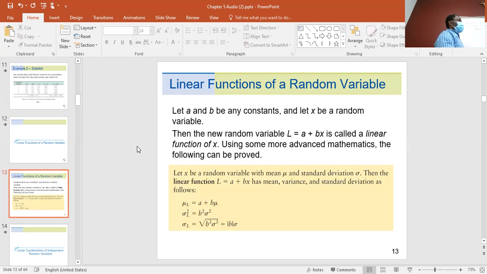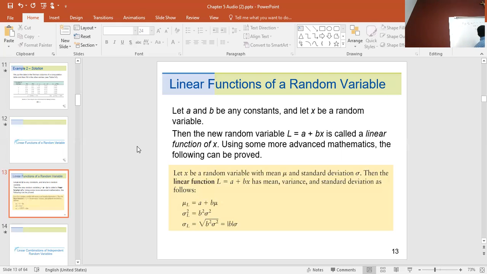So if you have a question like this, the mean of L is 4 times mean of x minus 5. Mean of x is 3. This is 4 times 3 minus 5. 12 minus 5 equals 7.